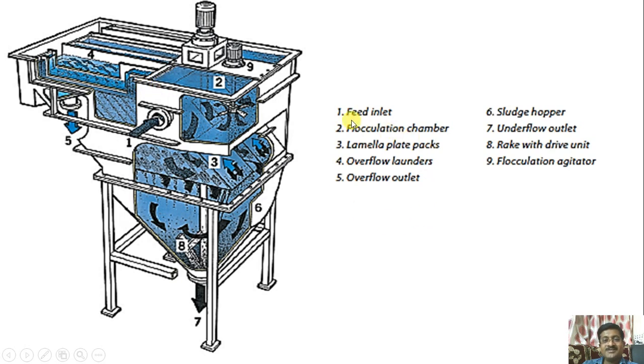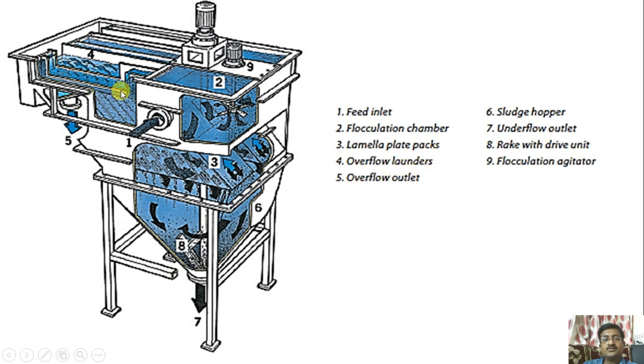Initially the water will come here, the feed inlet. At the same time you can see number 9 is the flocculator agitator at this water inlet. The flocculation chamber is there, a huge tank. Then the third one is the lamella plate packs, the inclined packs. Then fourth is the overflow launders.